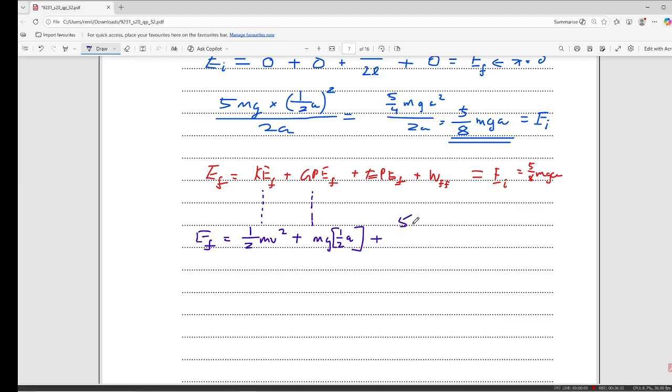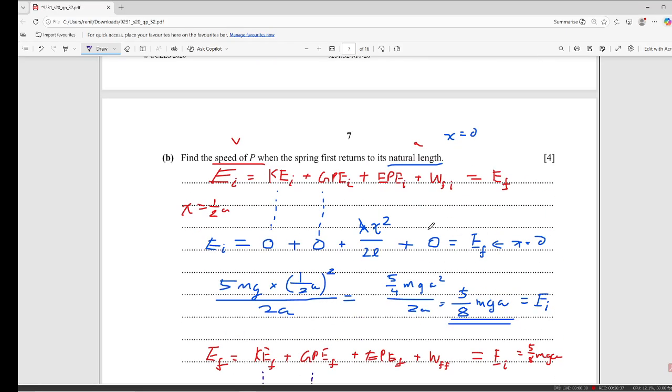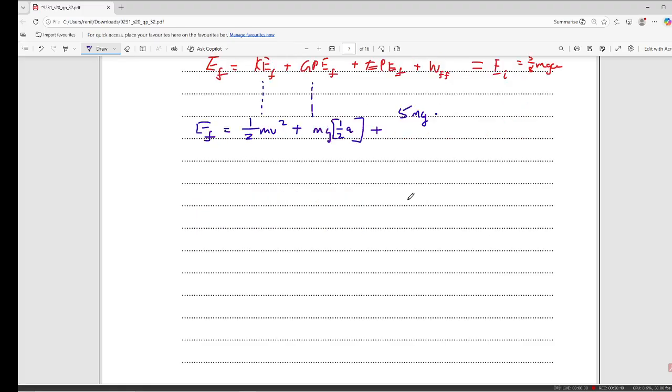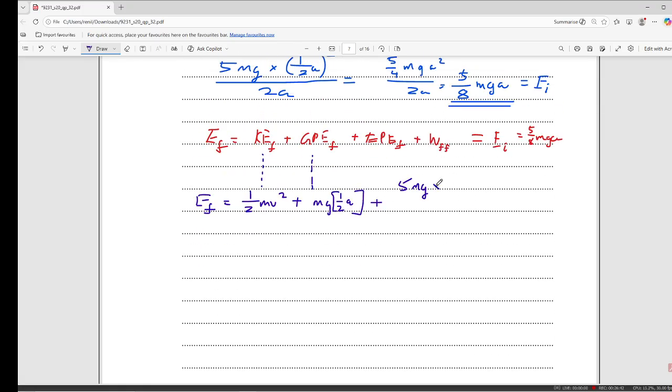Okay, I'm going to write down the calculation like this: 5 mg times, now when it returns to natural length, x equals 0, so 0 square by 2a. Basically this becomes 0, and the work done by friction, once again no mention, so yeah. Now simplifying it, half mv square plus half mga equals 5 by 8 mga.